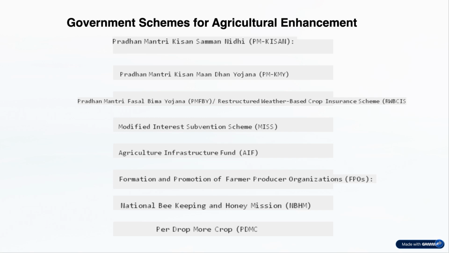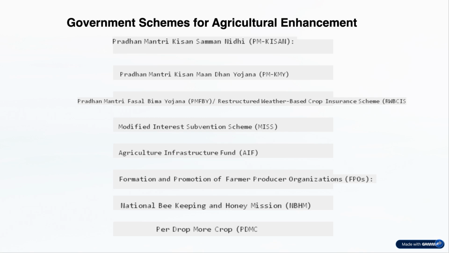Then another one is the Modified Interest Subvention Scheme. This program helps farmers access credit at lower interest rates, and it makes it easier for them to invest in agriculture. Then another one is the Agriculture Infrastructure Fund.